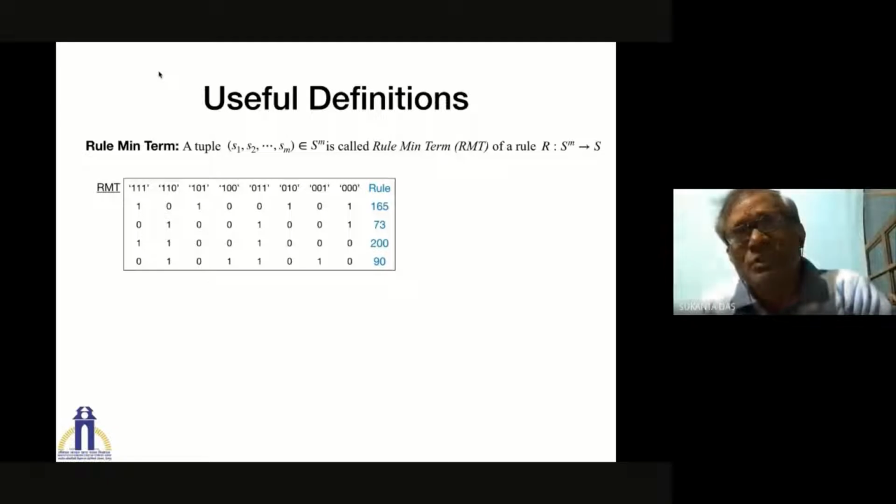Now a question may come, why is its name min term, rule min term? In one class we discussed minterms, especially while discussing the implementation of the CAs.